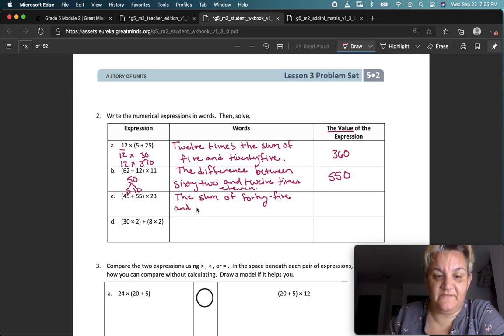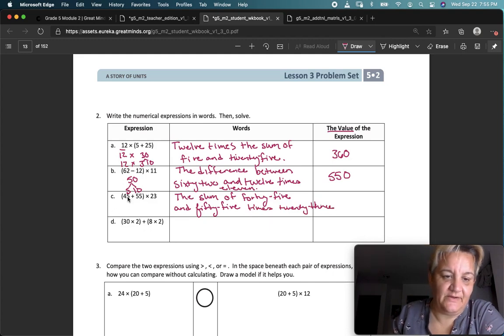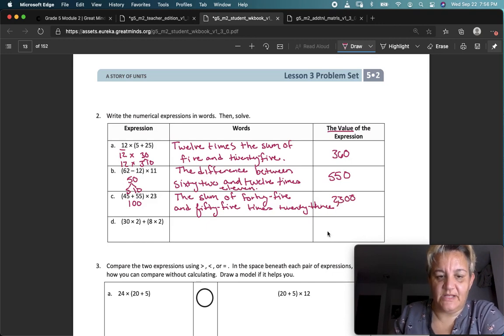And 55 times 23. Okay, so let's add that together. 45 plus 55 is 100. I can just see that in my head. I hope you can. And 100 times 23, well, 1 times 23 would be 23. And then we're going to add those 2 zeros back on there. So our answer is 2,300.